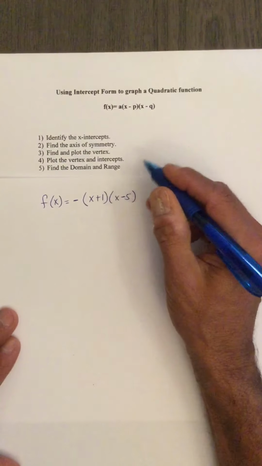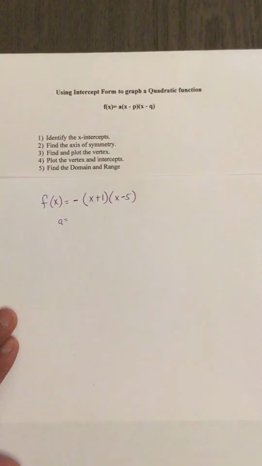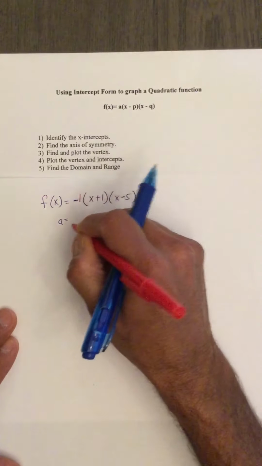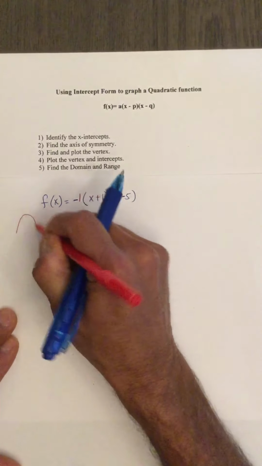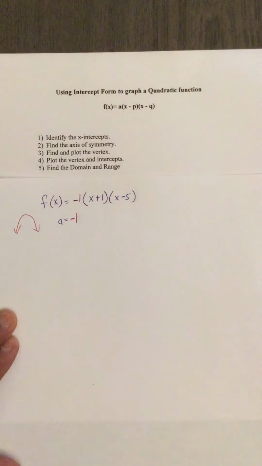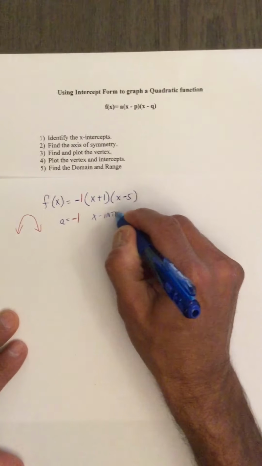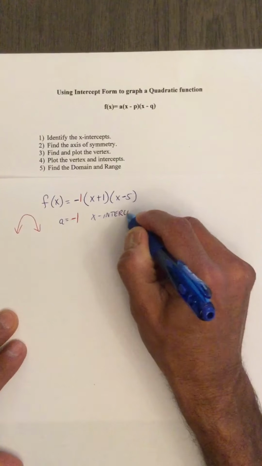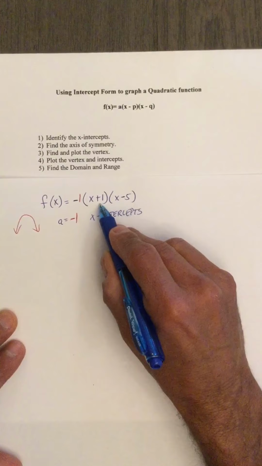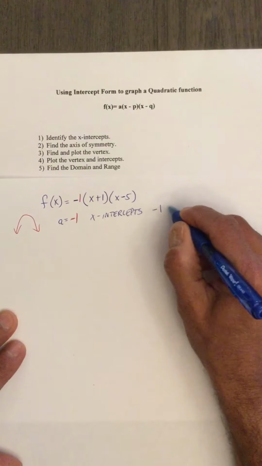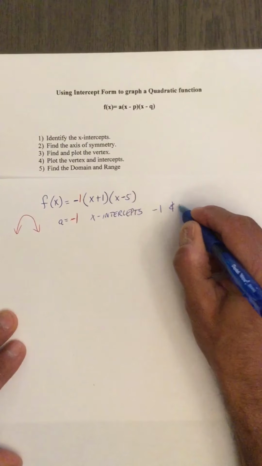Okay. So a is a negative 1 right here, right? A is a negative 1, which means it's going to be a spill, right? What are my x-intercepts? Look at this number right here, take the opposite of that, it would be negative 1, and what's the opposite of negative 5? 5.